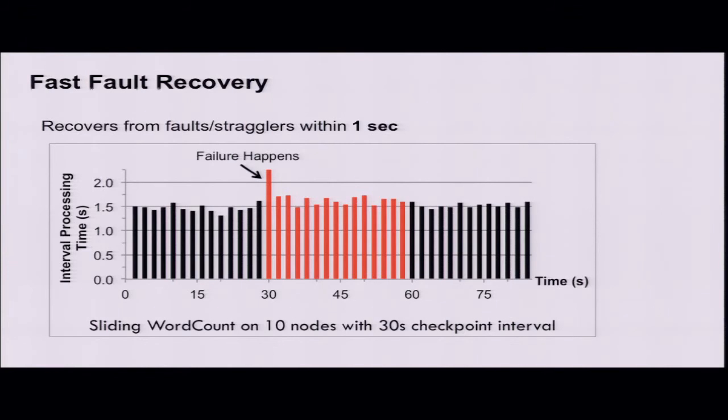We run it on 10 nodes, and at time 30 seconds we have a failure. One node fails. You see that it recovers from the failure, and you have a blip of 0.6 seconds, but then you recover pretty fast. Again, you don't pay a big penalty.